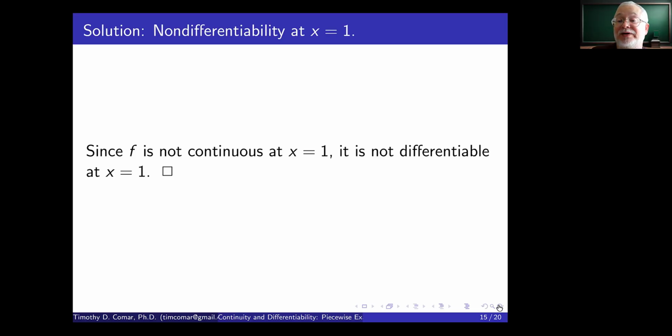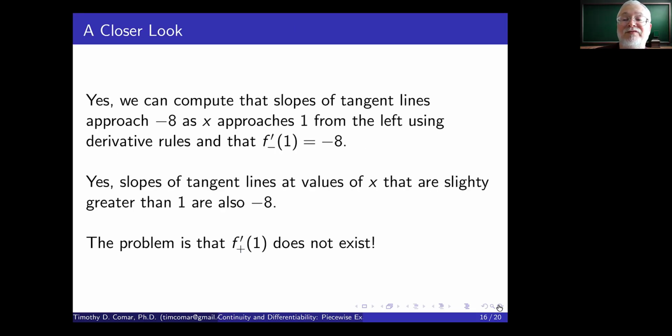Now, using that corollary from before, since f is not continuous at x equals 1, it is not differentiable at x equals 1. And this is enough to be done with the example over here. But for those interested, here is a closer look. Yes, we can compute that the slopes of tangent lines approach -8 as x approaches 1 from the left using derivative rules, and that the left-hand derivative we can directly calculate is going to be -8.